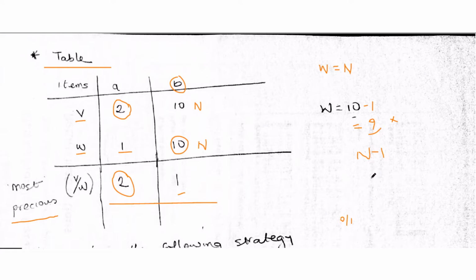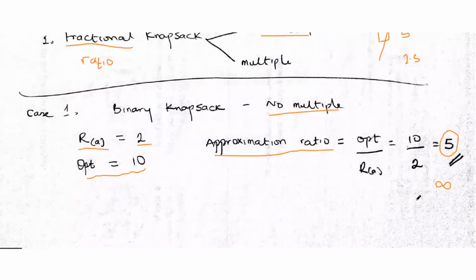So as our n tends to infinity, this is approximately n. If n is infinity, this will also be infinity, and that means the approximation ratio is very, very bad.